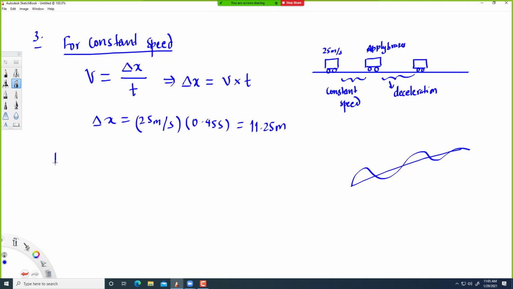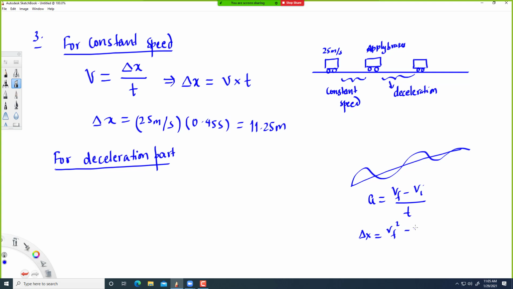Now for the deceleration part, once you apply the brakes, for the deceleration part, we have 3 formulas. We have this formula: A is equal to V final minus V initial over T. We have delta x is equal to V final squared minus V initial squared.